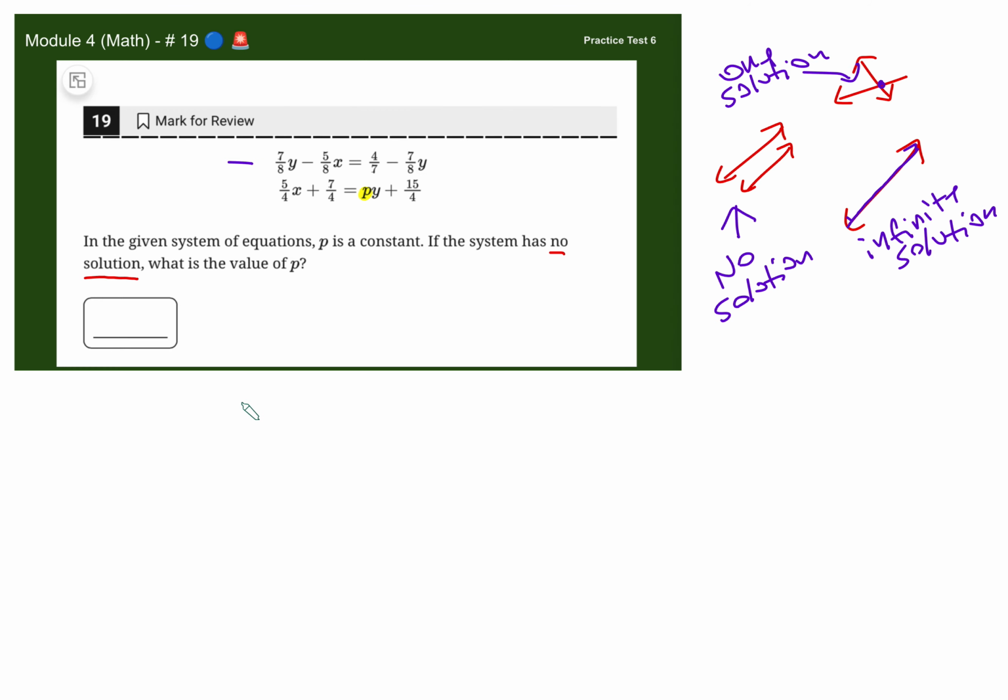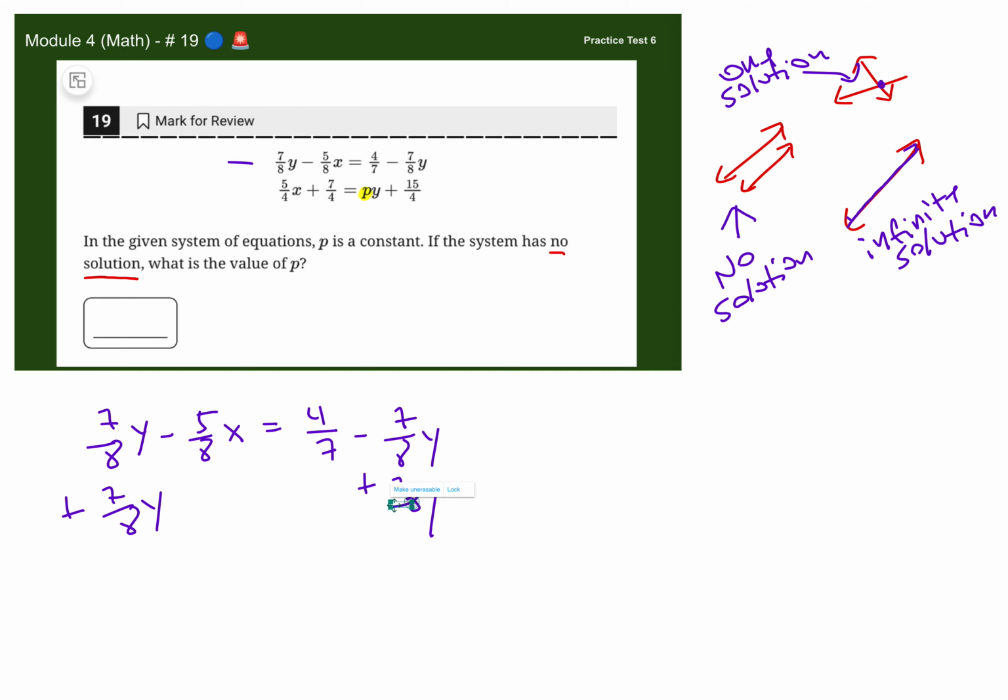I'll just write it down right here: 7 over 8y minus 5 over 8x equals 4 over 7 minus 7 over 8y. I'll move that down over here. I'll add 7 over 8y to both sides, so these guys wipe out.